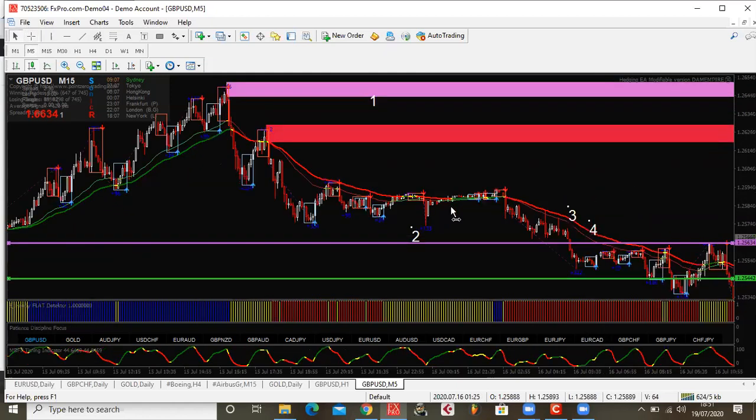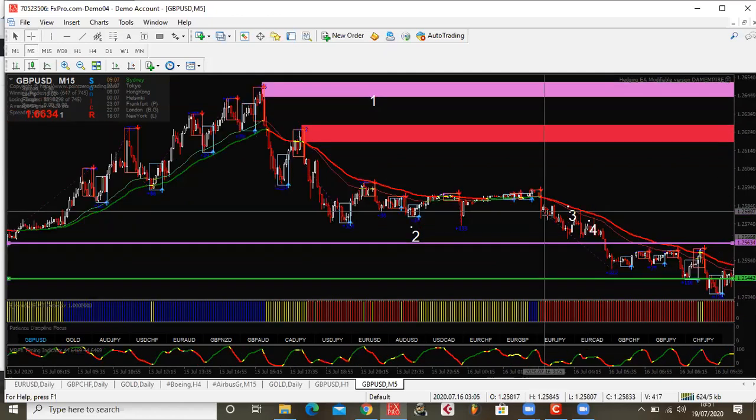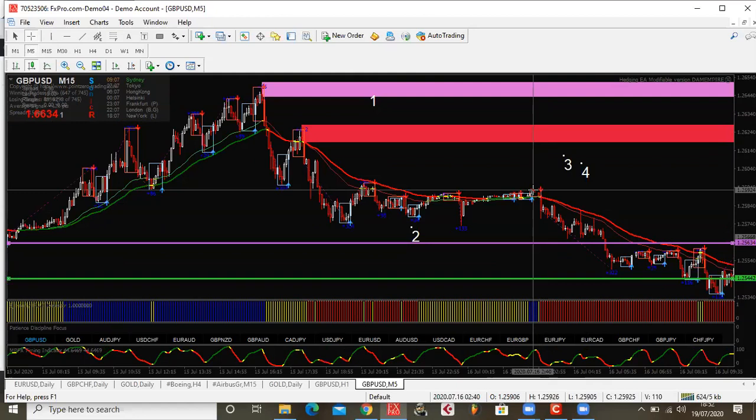So, here's my 0 loss stuff. When price moves from here all the way to here, your third and fourth entry have canceled each other out. Does that make sense? Once price moves from here to here, around 12 pips, your third and your fourth entry have canceled each other out.